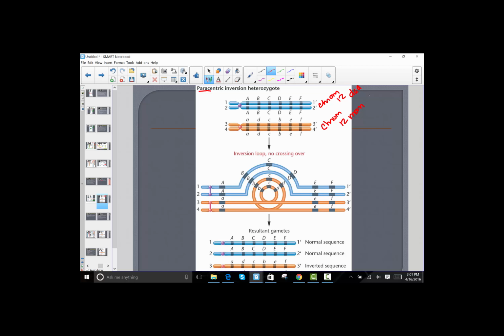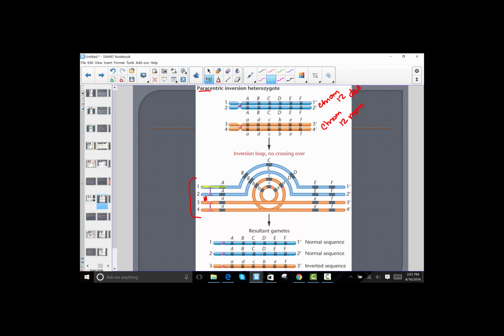Okay? So notice that you're going to pair not across all 4, right? Okay? But you're going to have pairing between the two sister chromatids here. Okay, so now if we move down below and we actually look at what's going on here, if you move across here, we're going to start with 1.